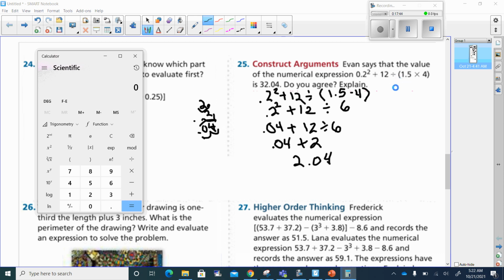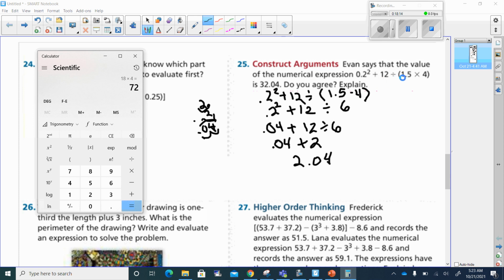If I would have taken 12 and multiplied it to 1.5, that would have given me 18. And then if I multiply that to 4, that gave me 72. I was saying 32.